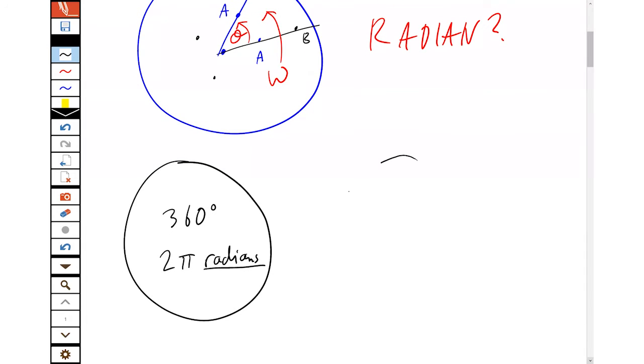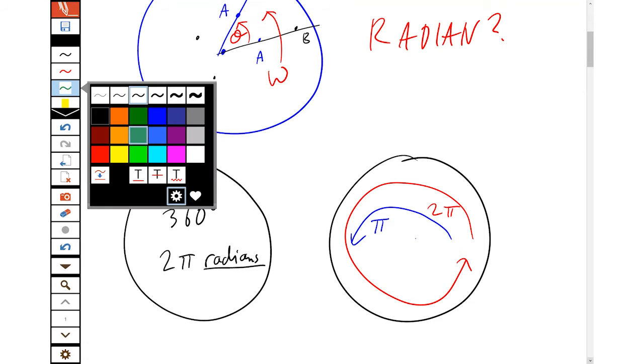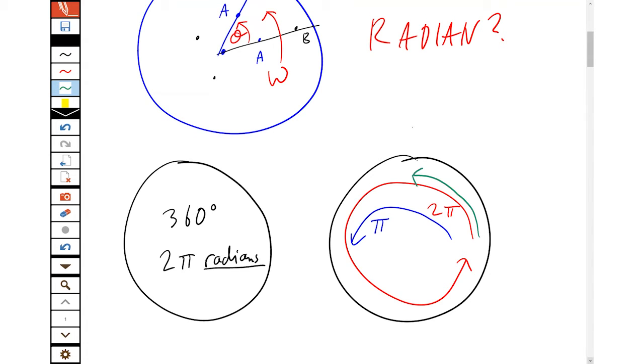So, if I have a circle, if I go around the complete circle, that's 2 pi radians. If I only go around half a circle, that's half of that, so that's pi radians. If I only go a quarter of a circle, that's a quarter of 2 pi, which is pi over 2 radians.